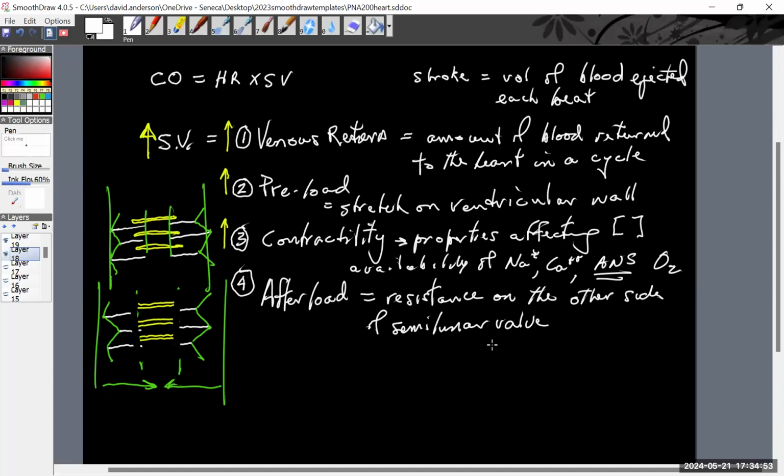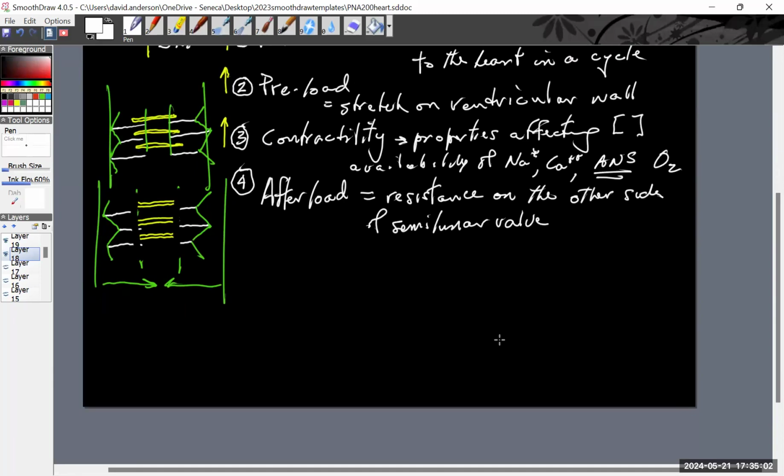Okay, so afterload is a problem because if resistance is high on the other side of the semilunar valve, so what that means is if we're looking at our left ventricle, remember the left ventricle is going to eject through this semilunar valve, which then enters into the aorta, right? So if the pressure is high in the aorta, that's afterload.